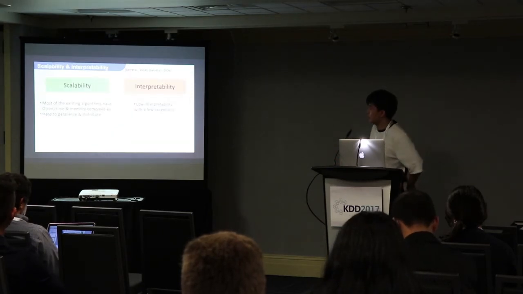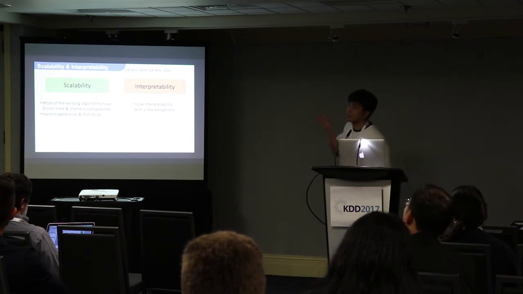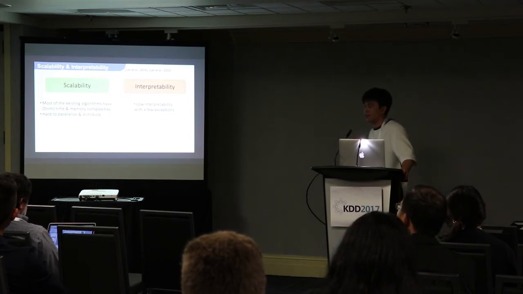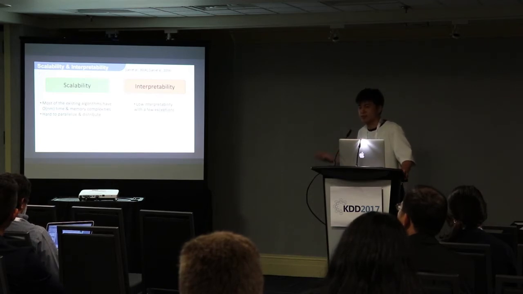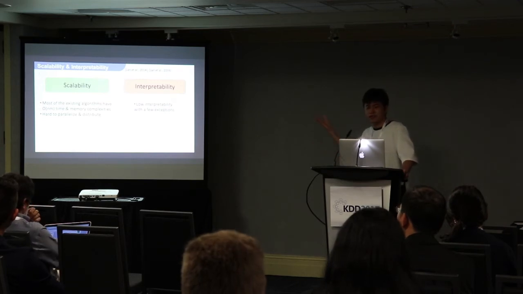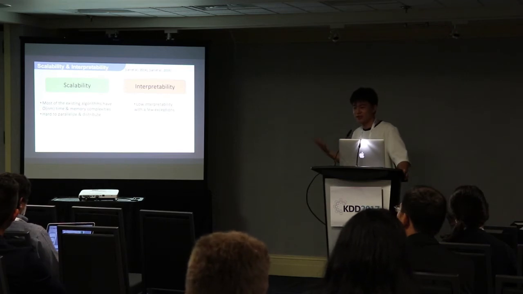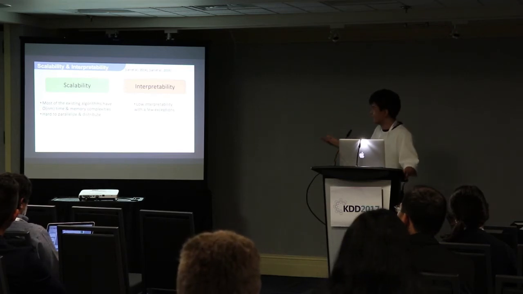There are a few concerns with the existing algorithms following this approach. The first concern is scalability. The reason we really have to care about scalability in this domain is that if you think about movie recommendation, people are not watching movies 10 times a day or 100 times a day. But in an educational system, some crazy students work on more than hundreds of problems per day, or sometimes thousands of problems a day.